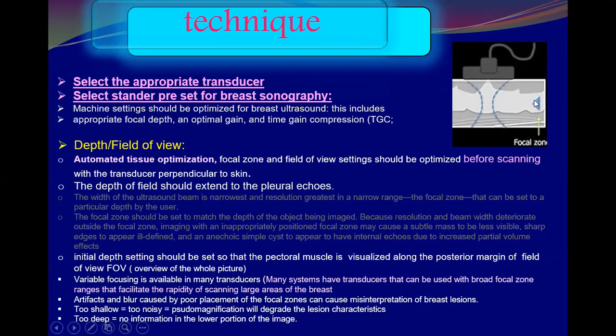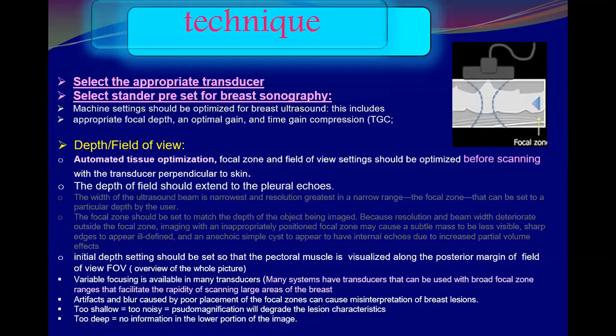When we put the focal zone, that means we target the lesions in the narrower zone of the image of the transducer, to improve lateral resolution and avoid what? The volume averaging.